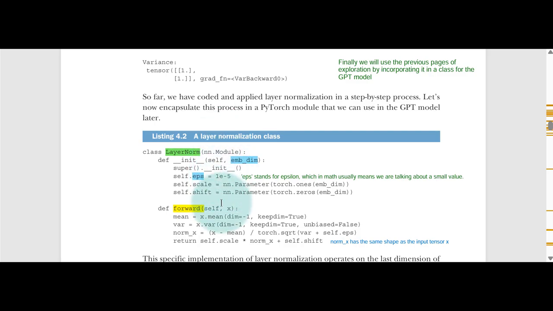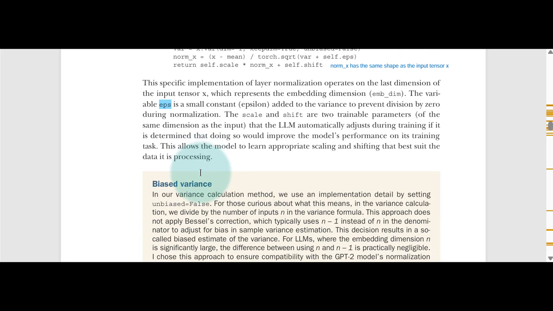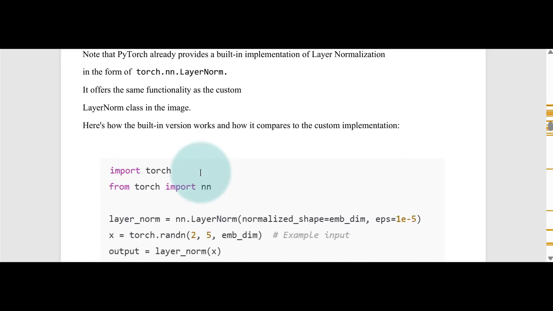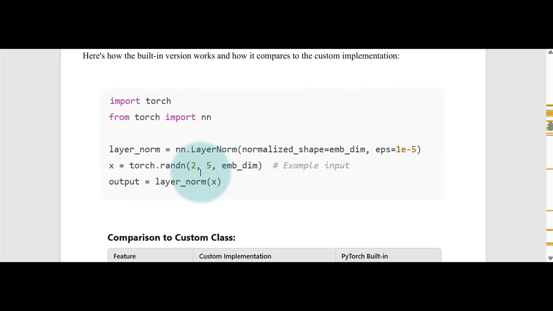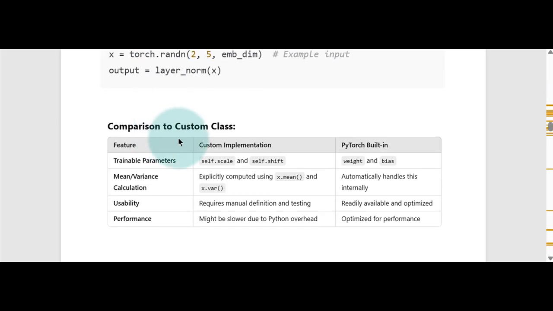In fact, I think I'll stop with doing this. You can go through this. That's what he's doing. He's coding his class now, and then you can use that class, or you can use the built-in one from the nn module, and we can compare his custom implementation versus the PyTorch built-in one.